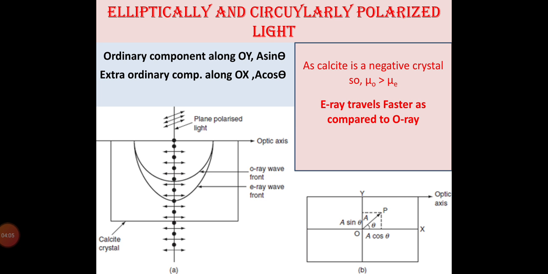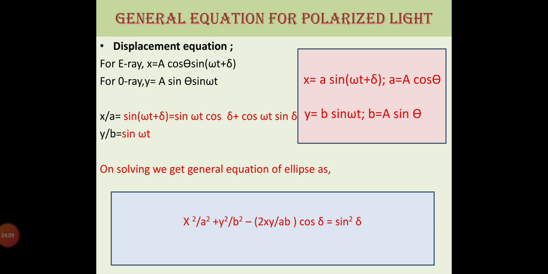If we want to find out theoretically a relationship for this particular case, we can do it like this. Say there is a phase difference, represented by delta, between the two components after traveling a certain thickness in the crystal. Then we can write down the displacement equations for the E ray as well as for the O ray.